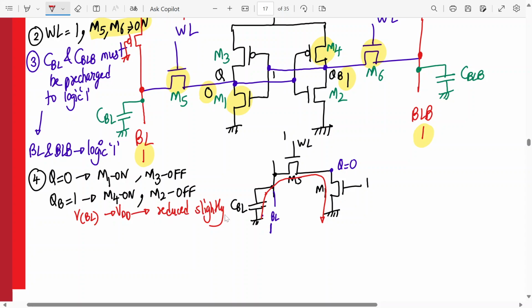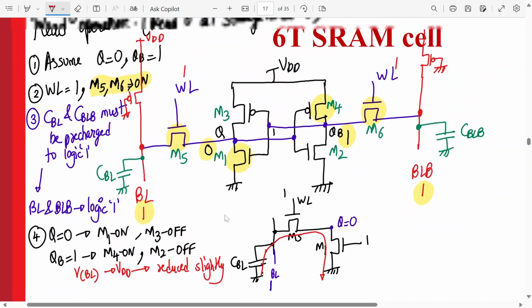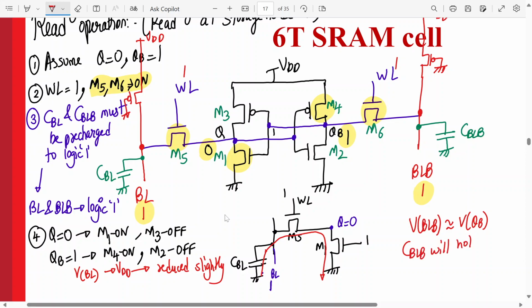What about the bit line BLB voltage? So the voltage at the BLB node and the voltage at QB, what is the difference between them? They are almost the same. So CBLB will hold the charge because there is no potential voltage difference between QB and the BLB line.